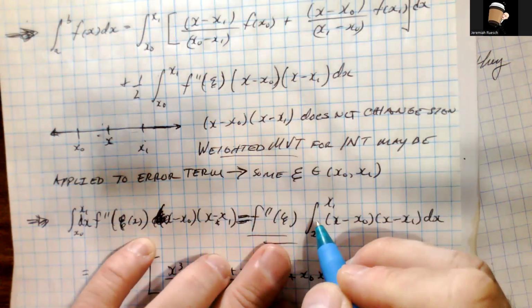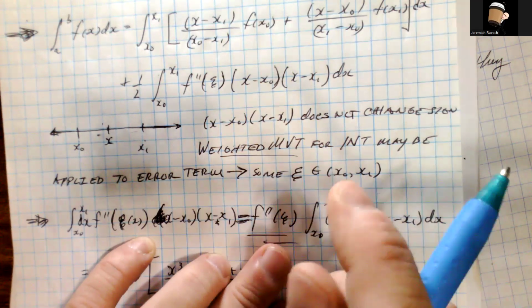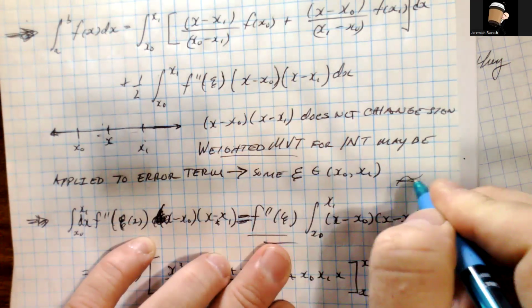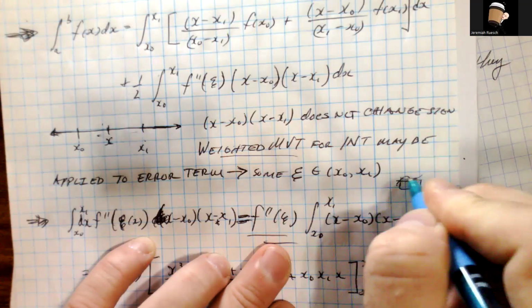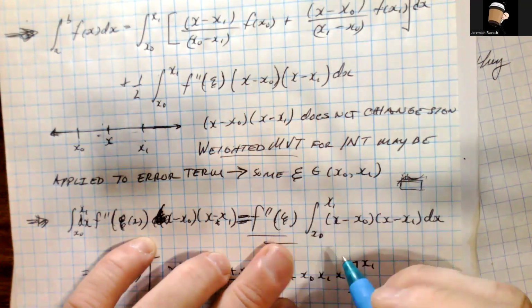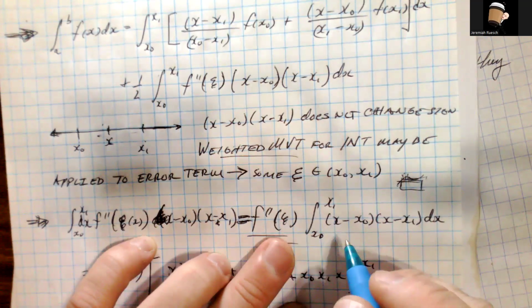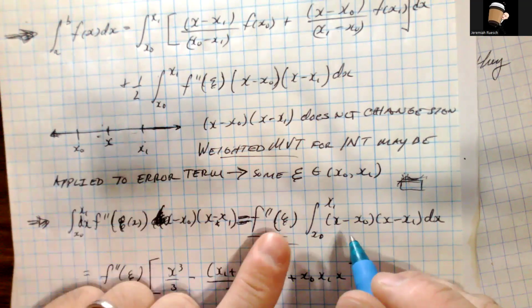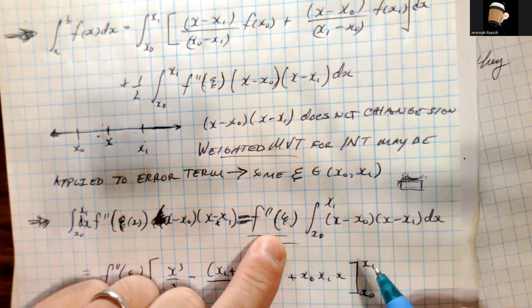And so the image that always comes to mind is the area under the curve, and there's some value that creates the same average value as the actual area under the curve. And so that's what this point is. This is that xi. We can find it as some arbitrary value in that interval between x naught and x1. And so we can pull that value out as a constant evaluated at f double prime.